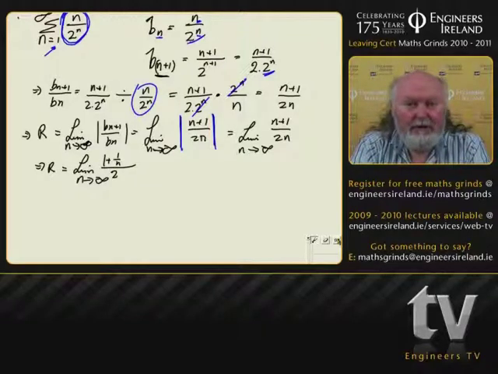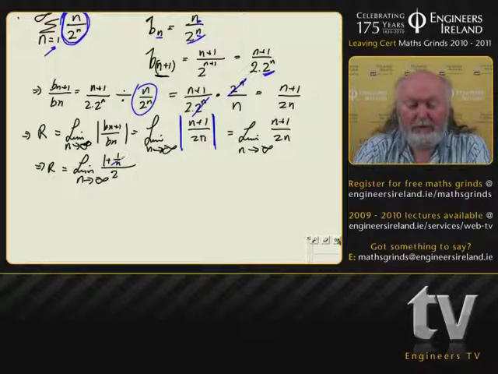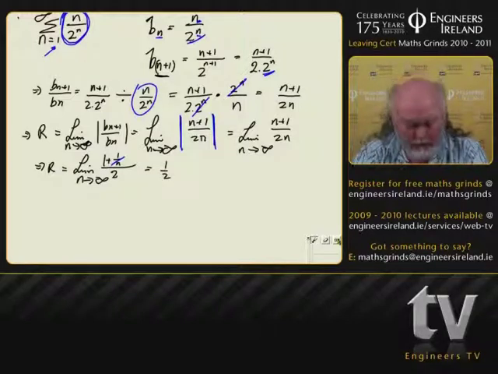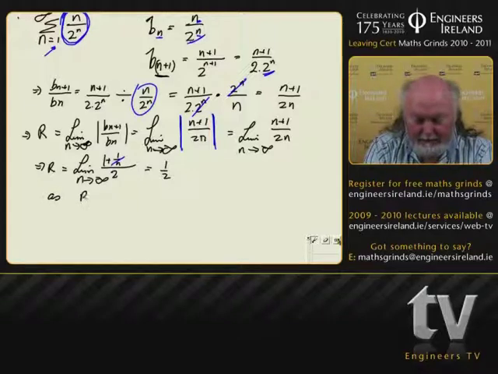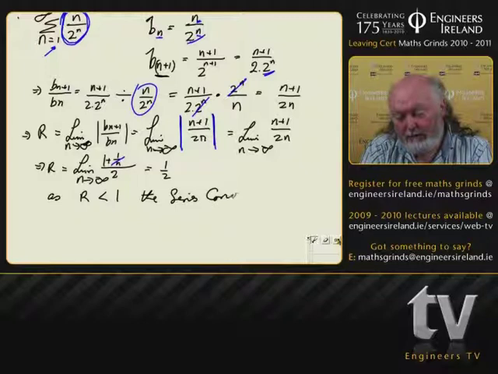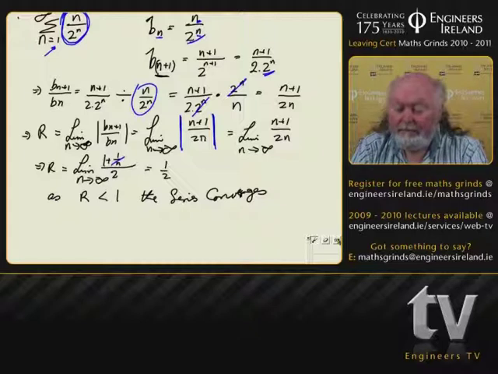We do know that the limit as n goes to infinity of 1 over n to any power is 0, which means this is going to disappear on us when we apply the limit. And we'll just have 1 over 2 as the answer. As r is less than 1, the series converges. So we've proved the thing.